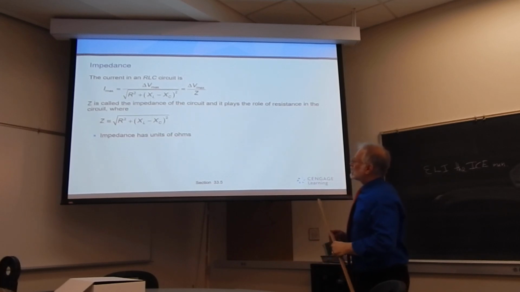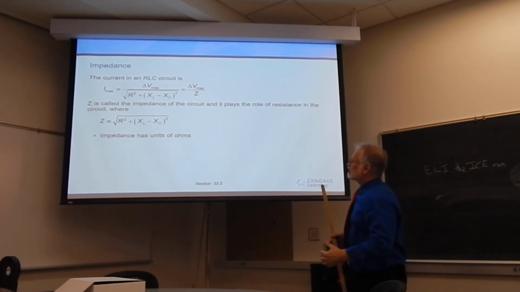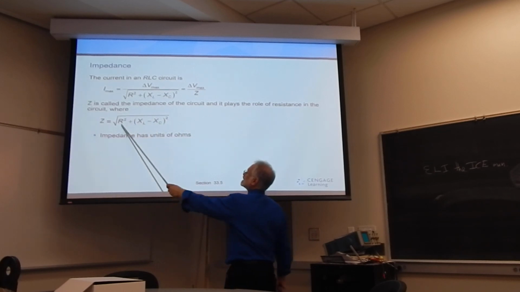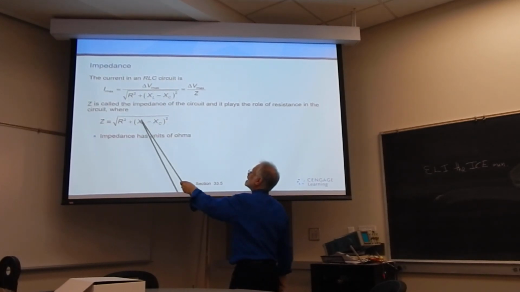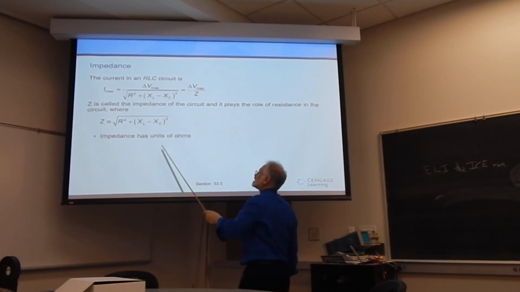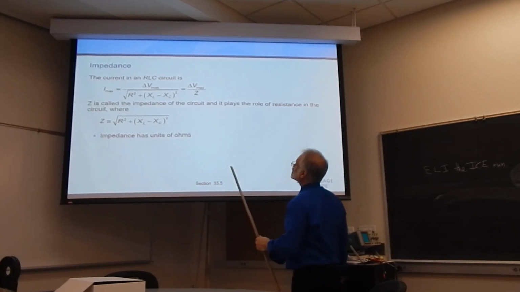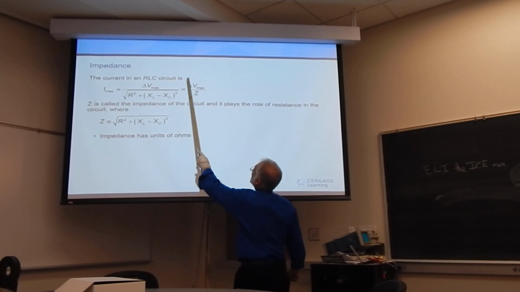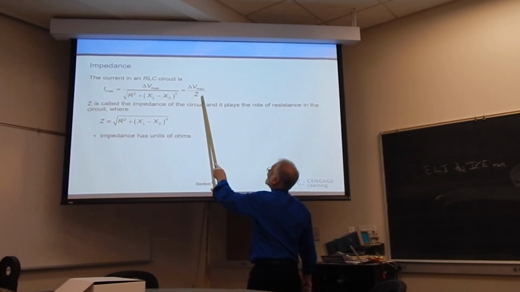Again, it has units of ohms just like resistance does, but it's a way of incorporating not just the resistance, but the reactance due to the inductor and the capacitor in the circuit. Ohm's law essentially would say, in this case, my maximum current would be equal to my maximum voltage, instead of divided by R, divided by the impedance.